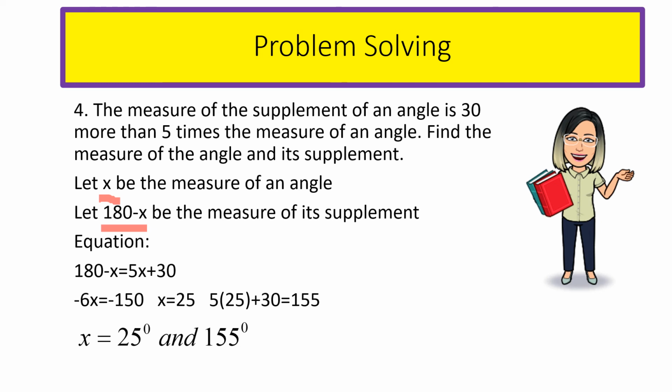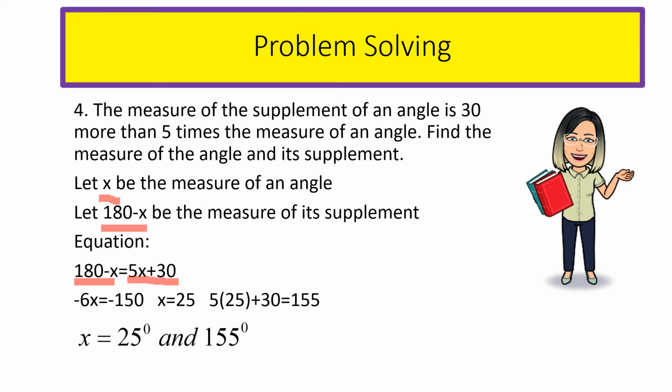Writing the equation, the supplement is 180 minus x, is, we use the word equal, 30 more than 5 times the measure of an angle. What is the measure of an angle? x. So we have 5x, more than means plus, that is 5x plus 30.